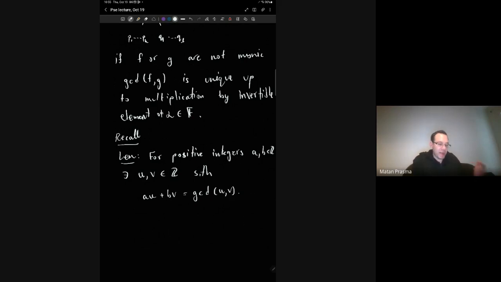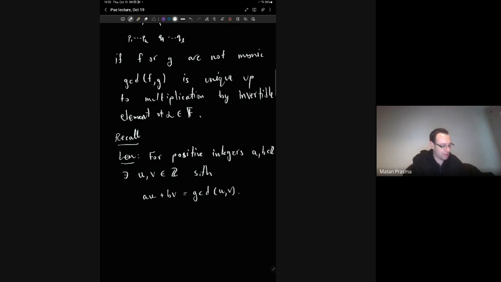Now, there are many ways to see why this is true. Of course, you could describe an algorithm and show that it stops and so on. This I leave to you to read in other places. Actually, I think there's even something in the notes. But the proof that this is true can be done without any algorithm.